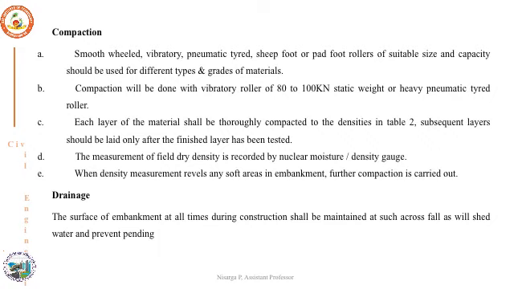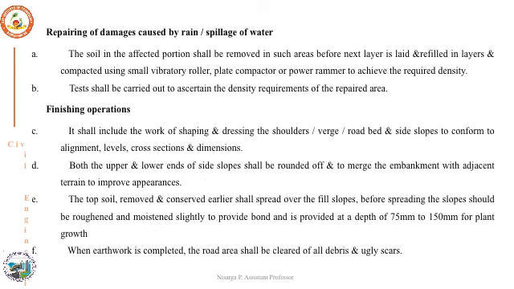So once the first layer has been compacted, the field density test has to be done, and we have to check the relative density. If the obtained relative density is not in accordance with the table which we mentioned earlier, then further compaction has to be done before laying the next layer.